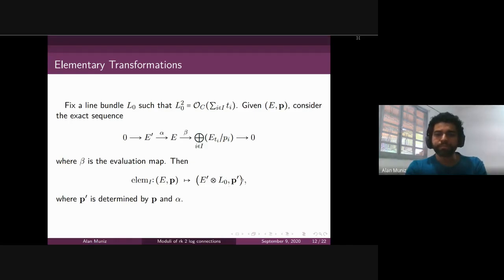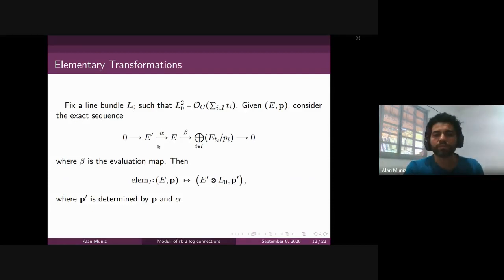The new quasi-parabolic structure is well determined by this map alpha. Say in a few words, if the point in the support of D does not correspond to an index in I, then we just pull back the direction by alpha, which is an isomorphism of vector bundles.